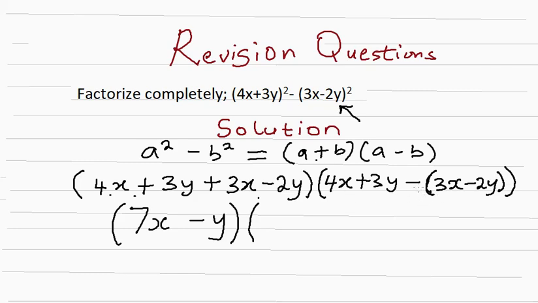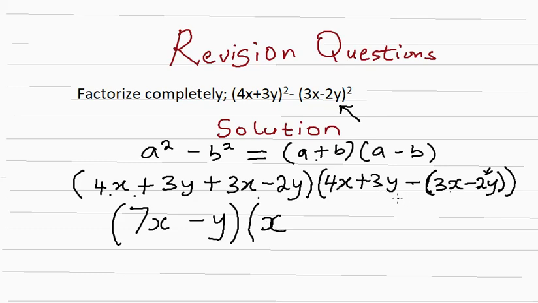If I open this bracket, this is going to be minus 3x, then minus into minus 2y, that's going to be plus 2y. This is why it is very important that you put this bracket, because by the time you open the bracket, the minus will affect everything inside the bracket. So here I'm having 4x minus 3x, which is x.